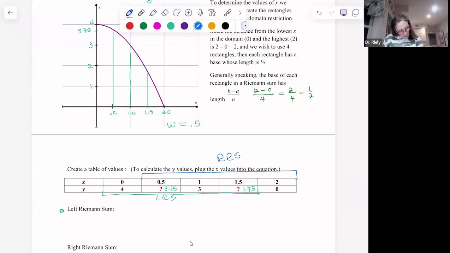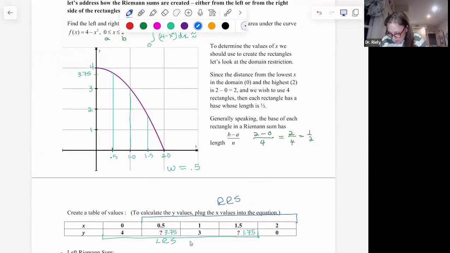Then I'll draw in the left Riemann sum. If I draw in the left Riemann sum, I'm going to start from the left, so I'm going to do that in red. I'm going to go all the way up. Do you see how I hit 4 right there? I'm going to go over to here, and once I hit the next vertical section, that will be the tower or rectangle that I'm going to be using.